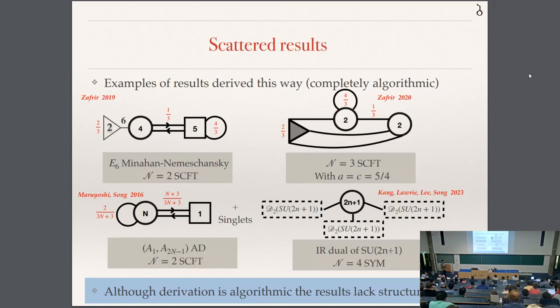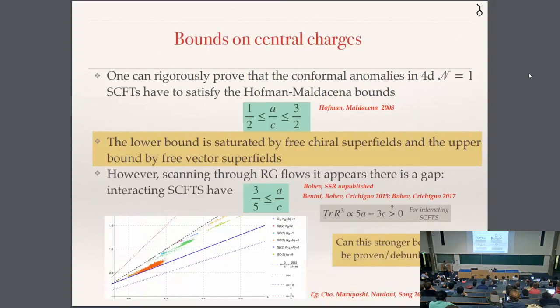This observation was made relatively randomly by, again, studying various deformations. If you take 3 Argyres-Douglas theories of a certain type and gauge some symmetry, you can argue that this theory flows to N=4 super Yang-Mills in the infrared. Again, there are many results which you can derive algorithmically, but we don't understand the structure.